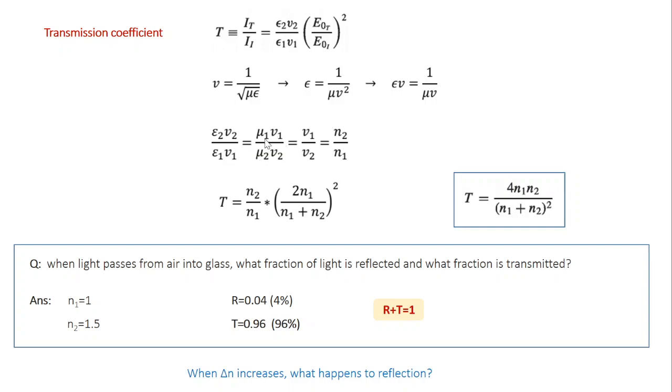Once again, mu 1 equal to mu 2 equal to mu naught. So you can cancel these two. You get V1 by V2, which is also equal to N2 by N1. So this factor is N2 by N1.